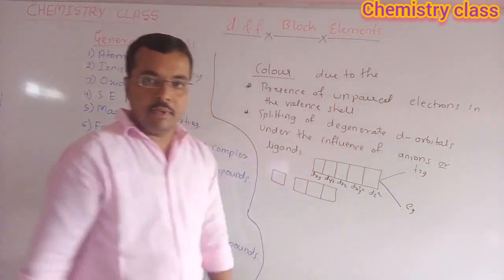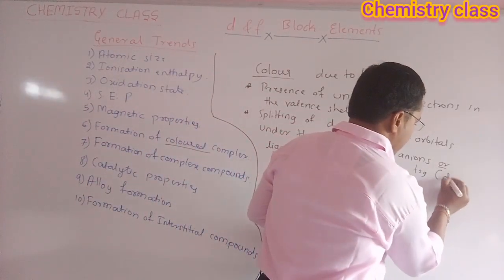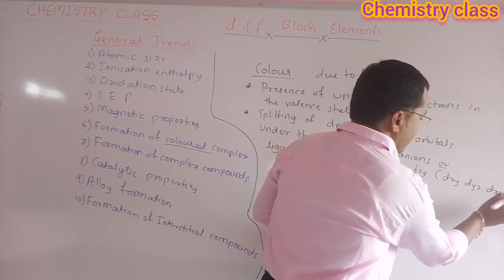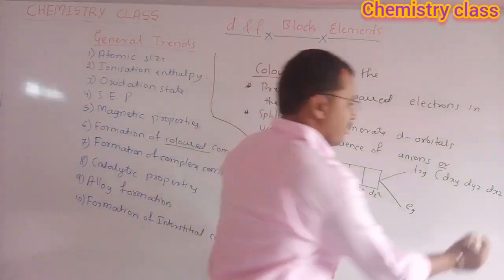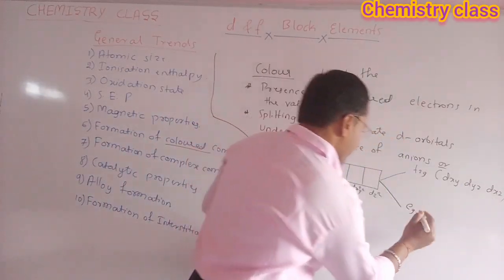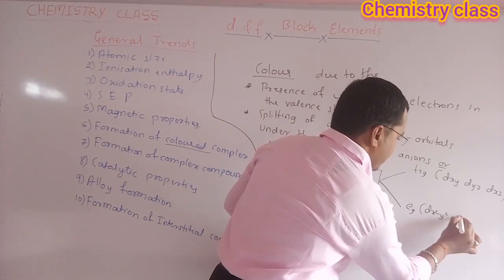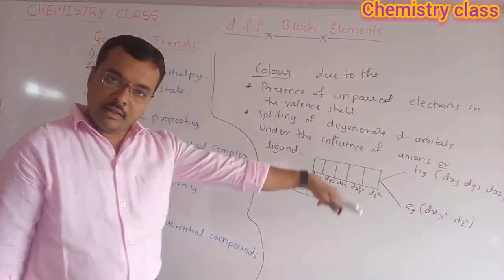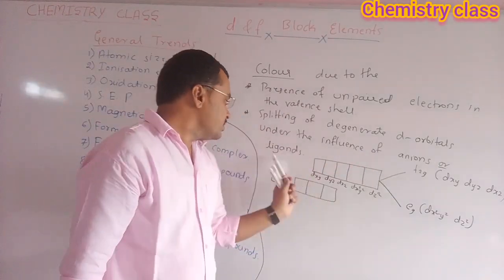The dxy, dyz, dxz atomic orbitals are converted into T2g atomic orbitals, and the dx square minus y square, dz square atomic orbitals form the Eg set, under the influence of anions or ligands.